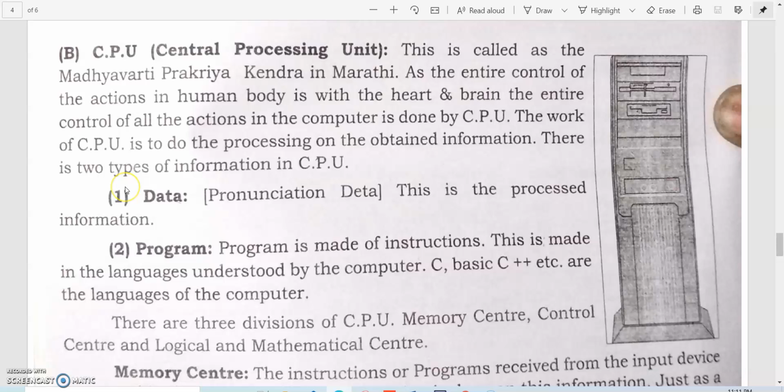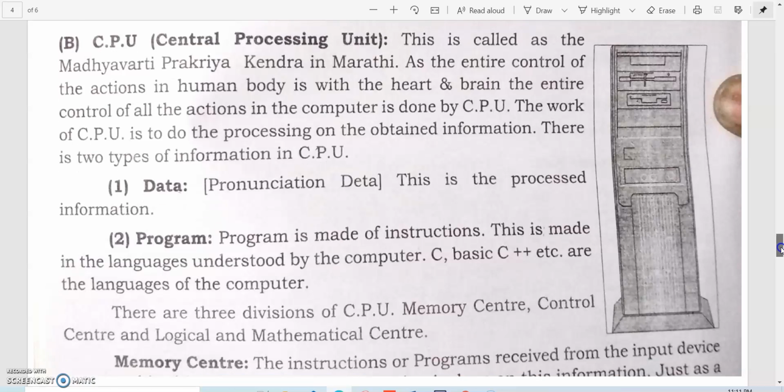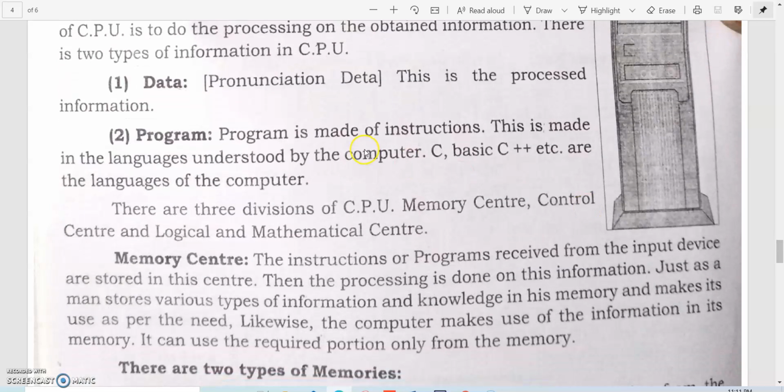There are two types of information in CPU. See, first is data, second is program. Data is the processed information, means whatever input we take from the user, it processes it. Then program is made up of instructions.